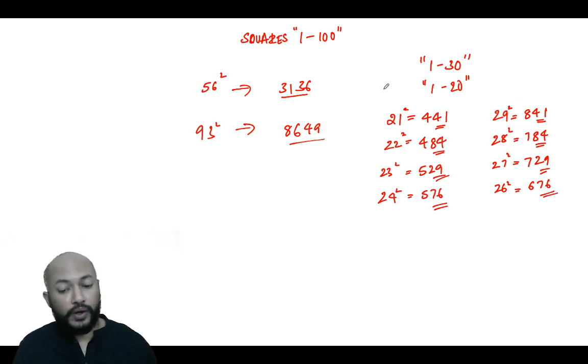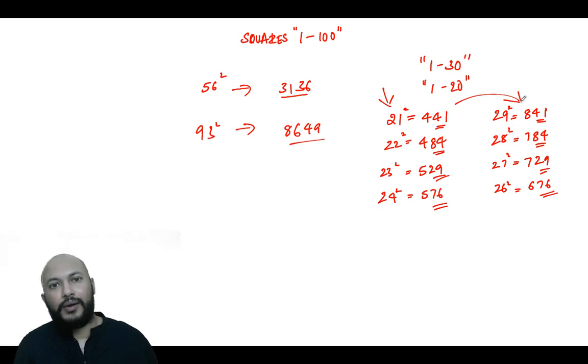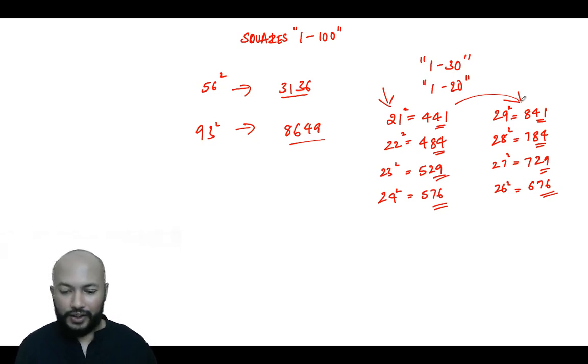So if you initially remember these four, you can start guessing these four to start off with. Then obviously, once you are used to these numbers, automatically it gets registered in your memory. But initially, to give you a head start, this is going to be helpful.